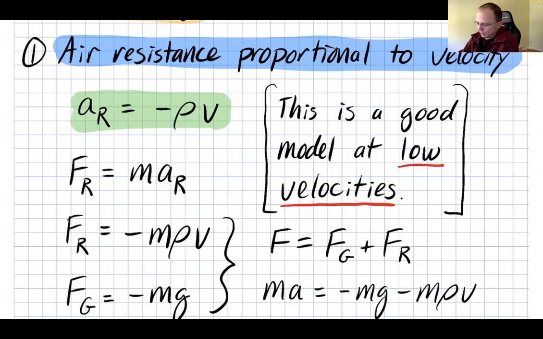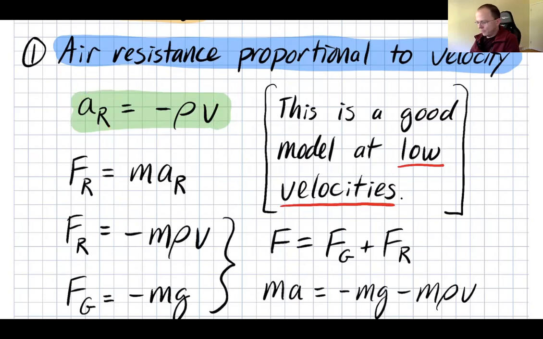But the air resistance is a force going up, so we need it to be positive. When v is negative, we need to multiply by negative in order to ensure that our air resistance acceleration is positive.